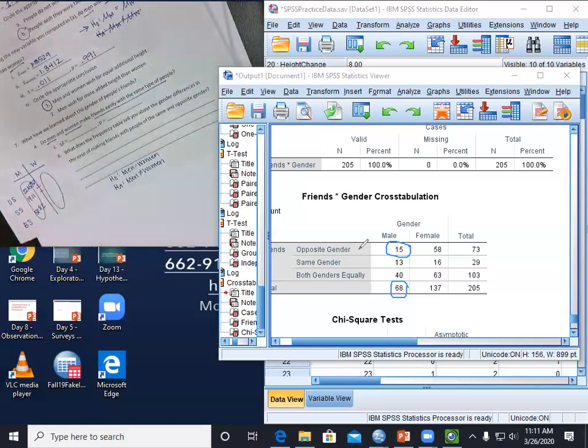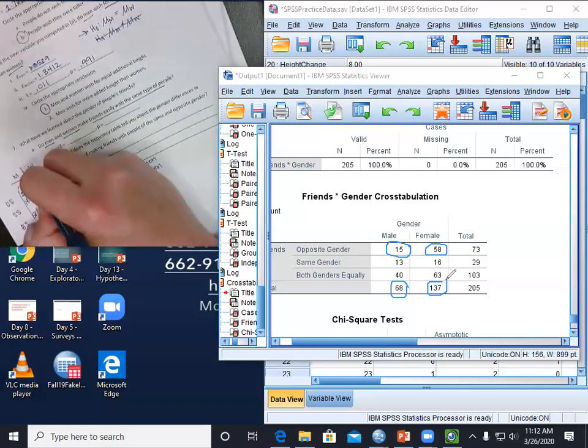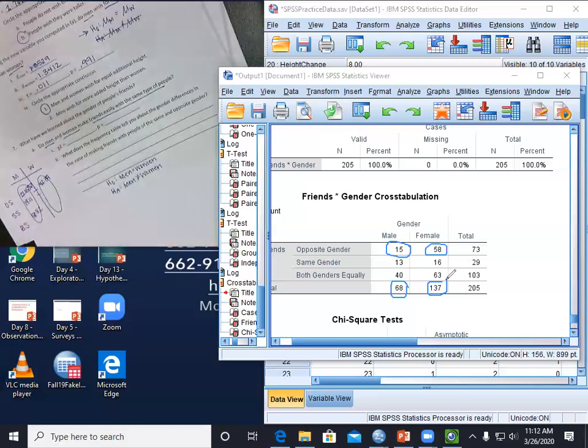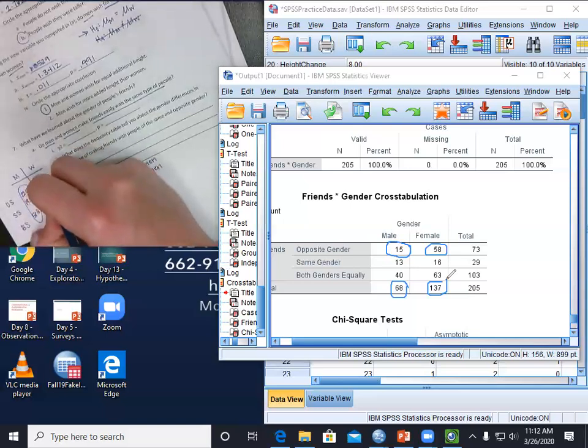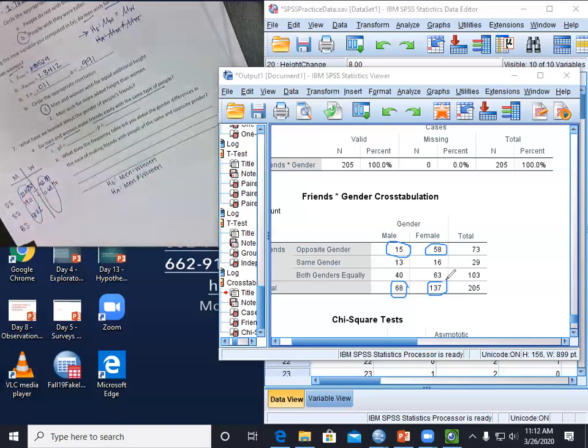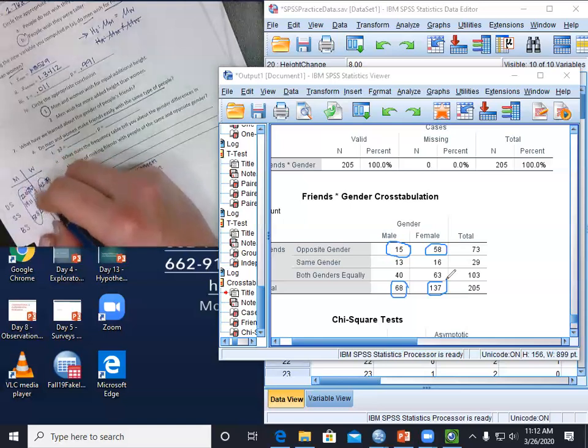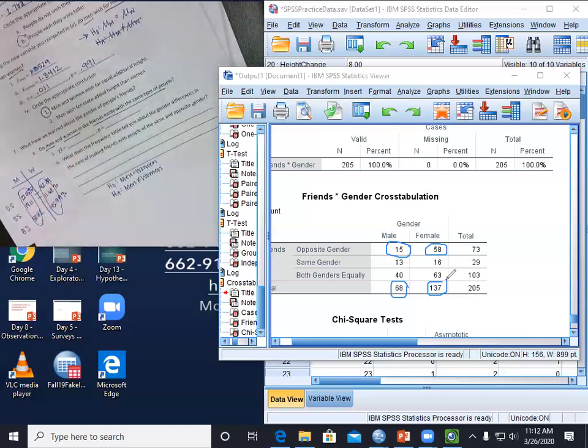And now we'll do the same thing for the women. 58 out of 137 women said that it's easiest to make friends with men. 16 out of 137 women, or 11.68%, said that it's easiest to make friends with other women. And 63 divided by 137, 45.99% of women said they make friends easily with both genders.